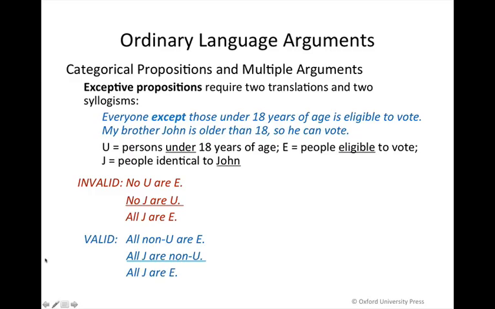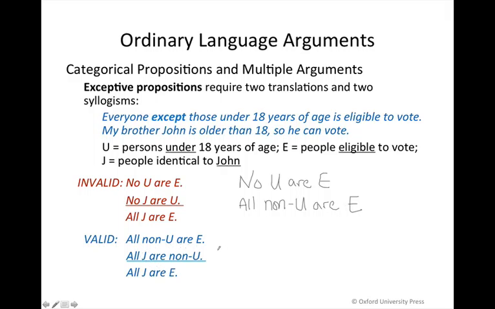So let's write this out together. No persons under 18 years of age are eligible to vote, and all non-persons under 18 years of age are eligible to vote.